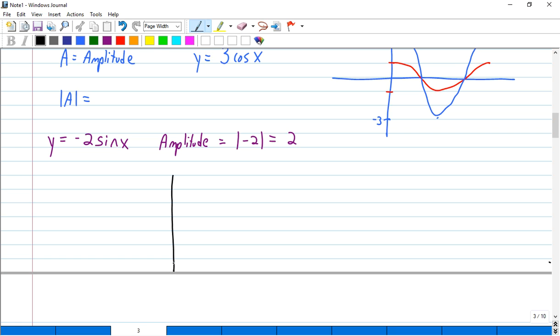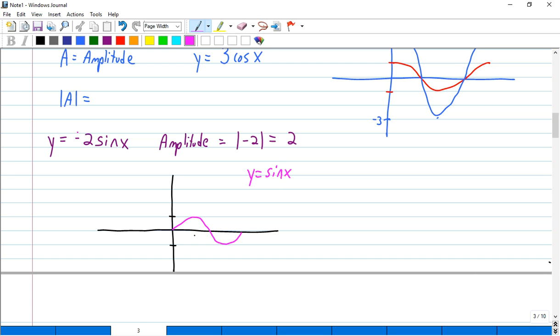However, if you have a negative in front, that's going to flip the graph. So what do I mean by flip the graph? Let me graph really quick. This is y equals sine of x again. So let's say it looks something like this. That's y equals sine of x.